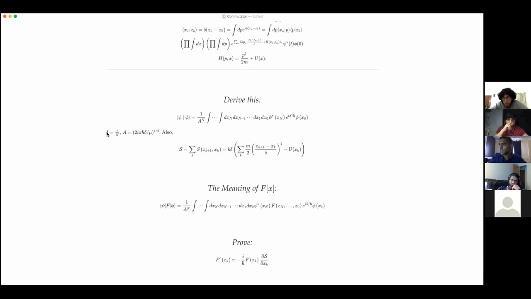Finally you could take this limit as delta goes to 0, which is what you do. You make these time steps infinitesimally small, and then you get a derivative. You get q dot squared minus u. But this is just to impress on you that the meaning of q dot in the path integral really comes from this discretization.